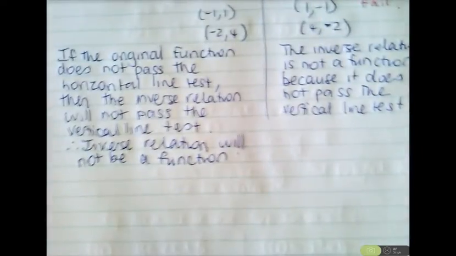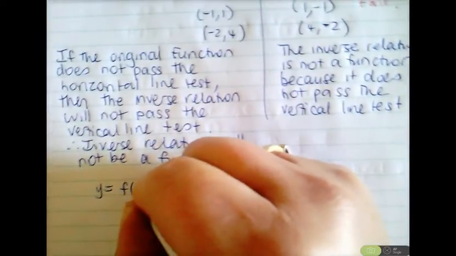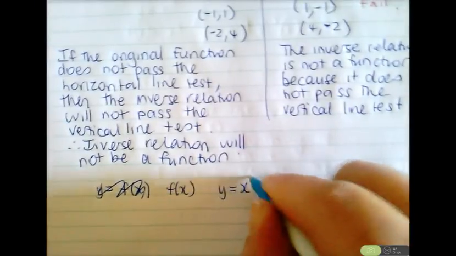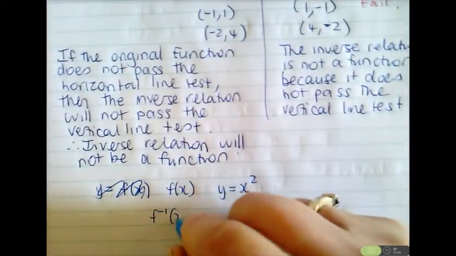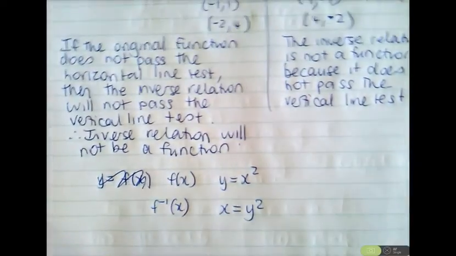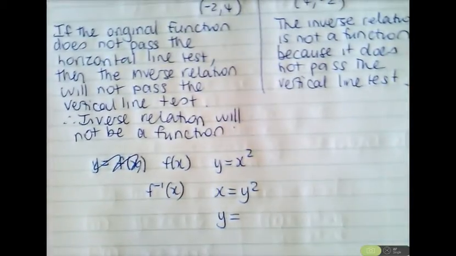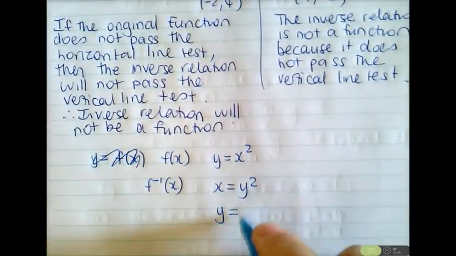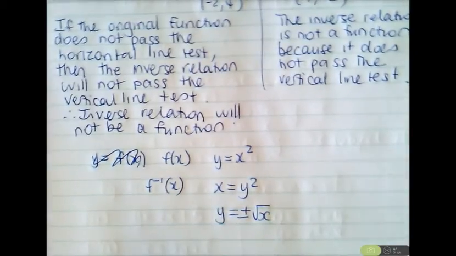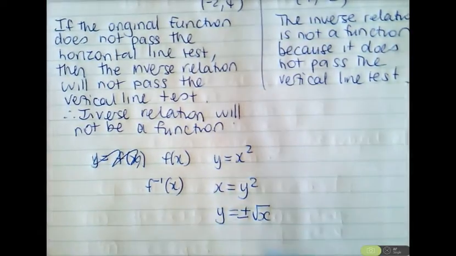If my function of x is y equals x squared, then my inverse function, f to the minus 1 of x, don't we replace x with y and y with x? And if I want to make y the subject, how do I do that? Plus or minus the square root of x. Please, whenever you're square rooting, you need to take plus or minus the square root.